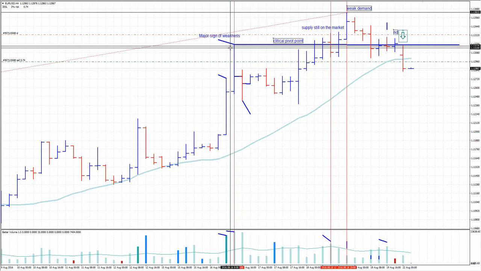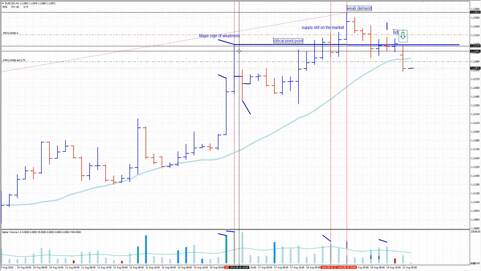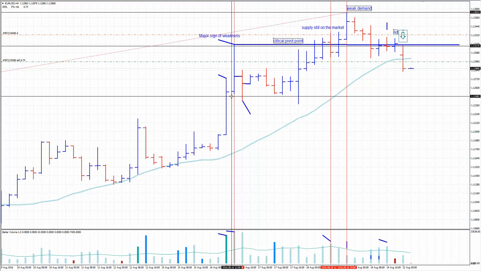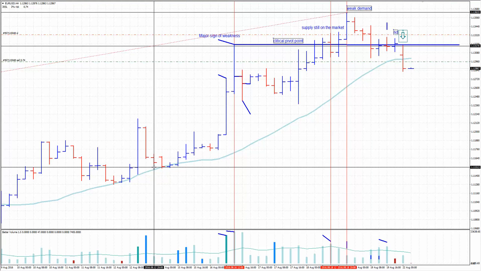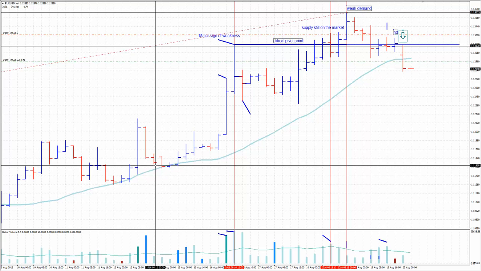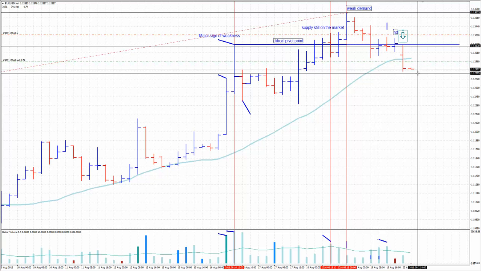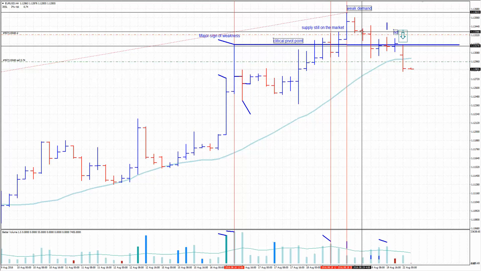A good example of how the stopping action and the climactic action work is, let's say you're driving a car at 100 kilometers per hour or 200 kilometers per hour. You cannot brake immediately and stop, so it takes time, at least a few seconds, but in the market this is at least a few days.